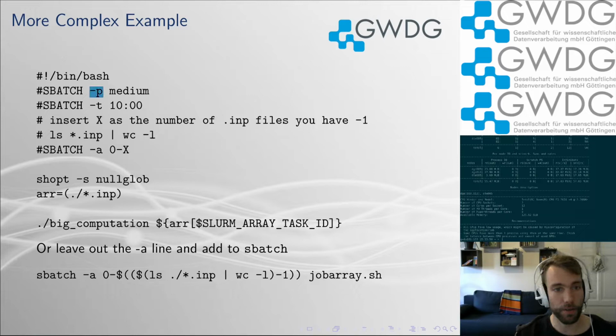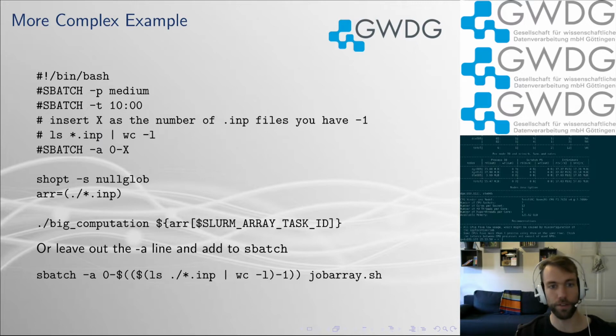This, again, we are on Medium. For example, you usually don't have 1 to 100 as a parameter in your script. This usually doesn't happen. What could happen is that you have a number of files that all end in the suffix inp, so input.